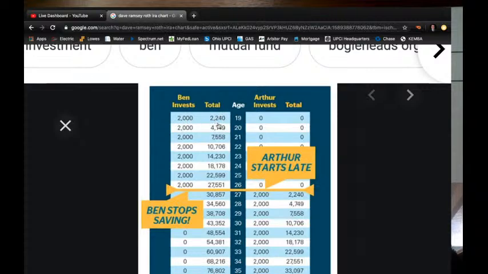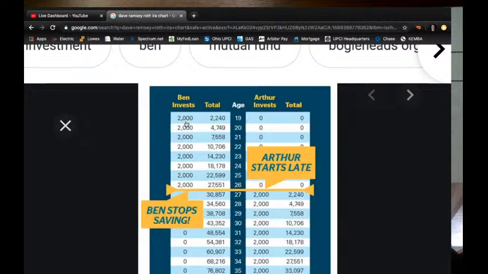This Roth IRA grows at 12% per year. So, for instance, if I had on my calculator 2,000 and I multiply it times 0.12, I get $240. So since he put 2,000 in, his year-end total, what he now has after his money has grown, is $2,240. And each year he continues to invest $2,000.